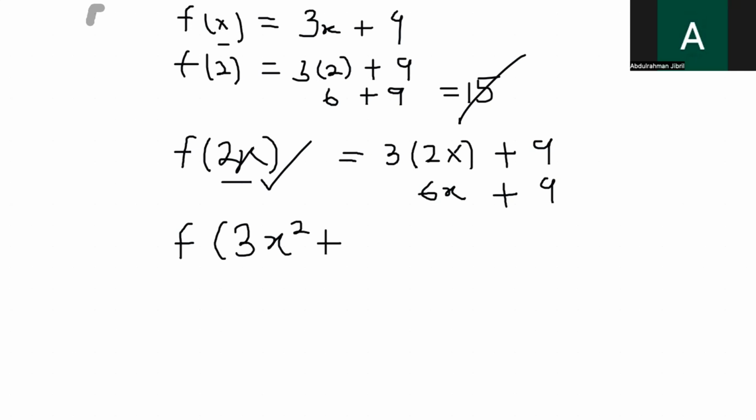It would be 3 multiplying 3x squared plus x, which would be 9x squared plus 3x, that's 3 times the x here, then plus our 9. So this would be your answer for this solution. I hope this is very simple and we all can do this.